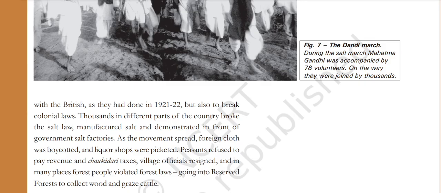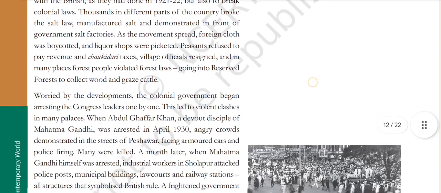As the movement spread, foreign cloth was boycotted and liquor shops were picketed. Peasants refused to pay revenue and chowkidari taxes. Village officials resigned, and in many places, forest people violated forest laws, going into reserved forests to collect wood and graze cattle.